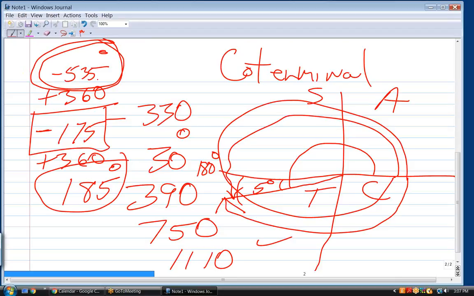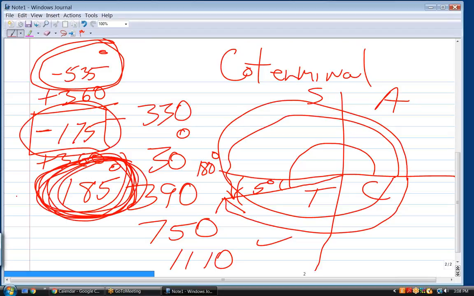But when you're dealing with numbers that you can clearly add 360 to, and it's still not in the unit circle, and then when you add another 360 it gets to the unit circle, we'll deal with this angle right here. That's going to give you all the same trig functions.